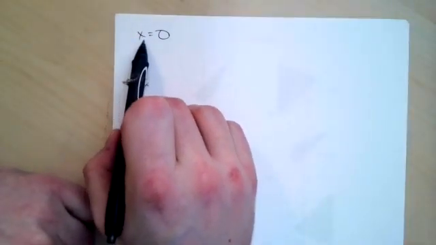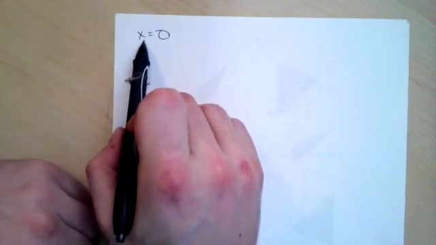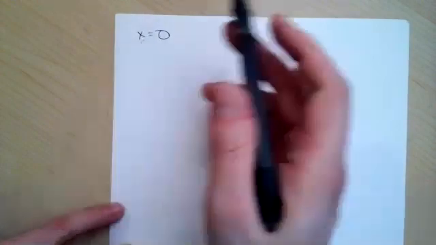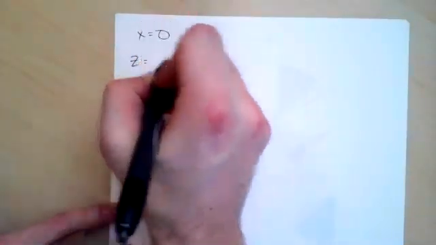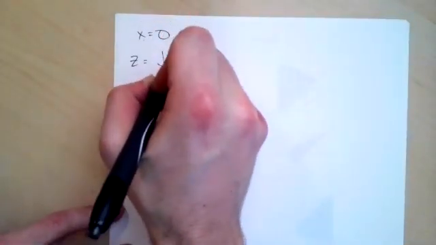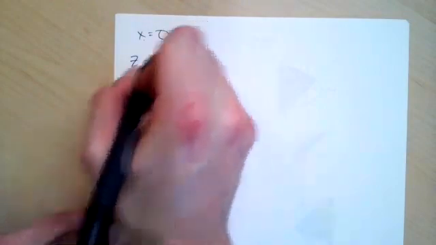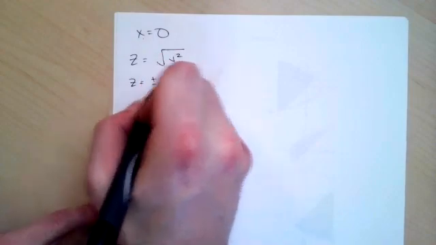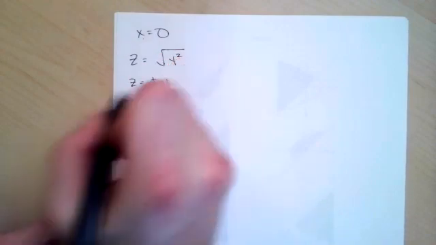So x equals 0 is going to be our YZ plane. And then we can see what this object is going to look like on the YZ plane. So we will get z is equal to the square root of y squared, which is going to reduce to z is equal to plus or minus y.